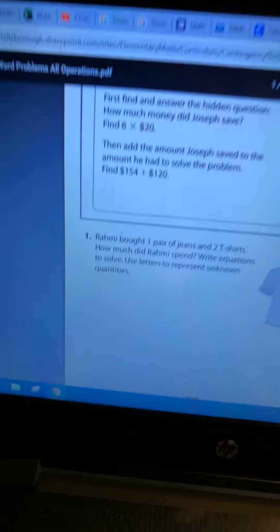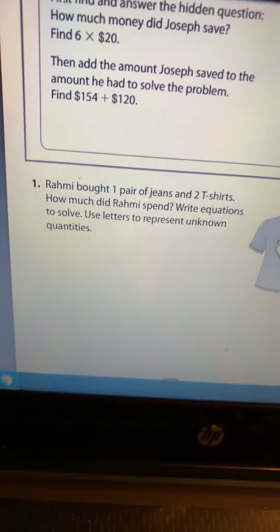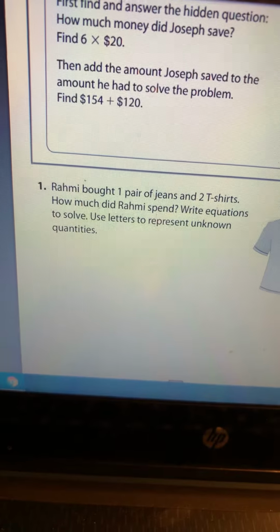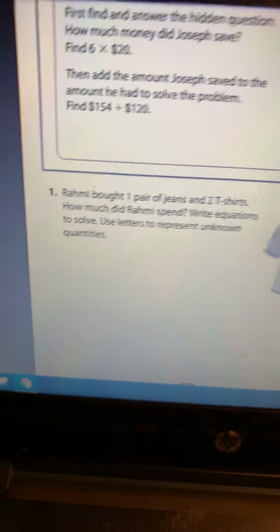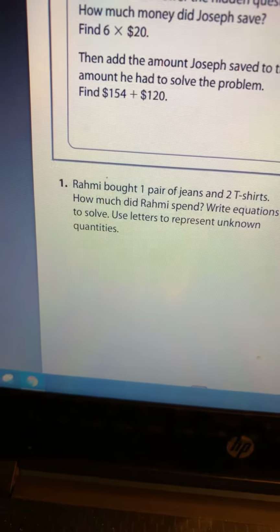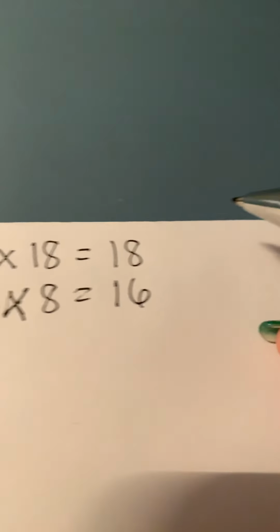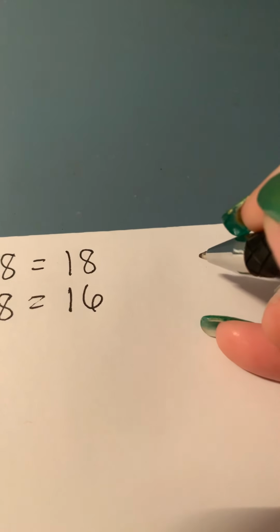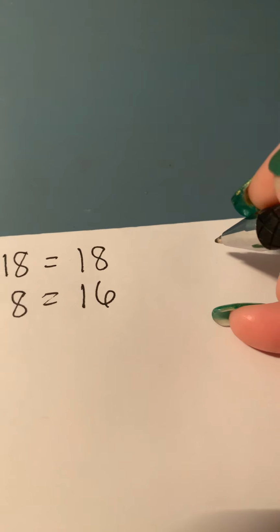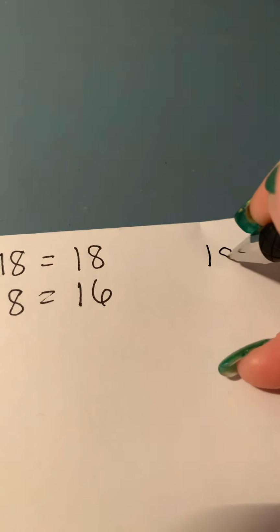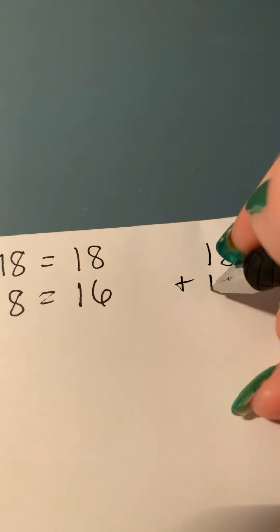So now I'm going to go back over and look at the next sentence. And it says, how much did Rami spend? So we want to know how much did he spend for that one pair of jeans and two t-shirts together. So if we're thinking about how much did he spend together, we're going to take our answers from our previous problem, our products, and we're going to add 18 plus 16.